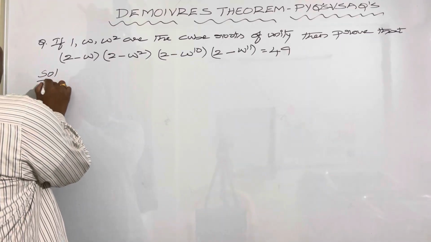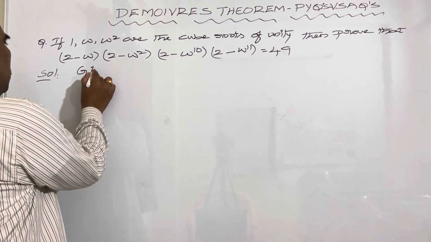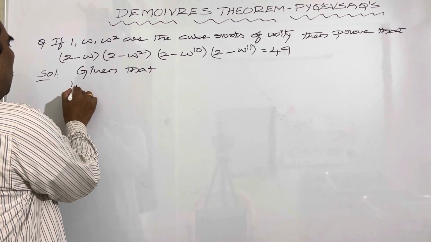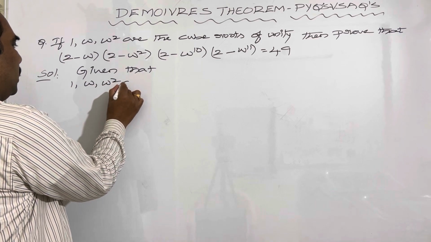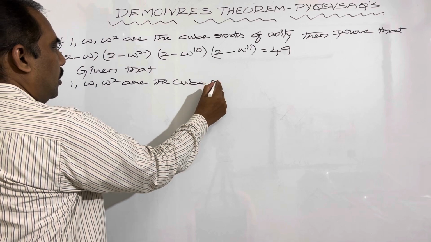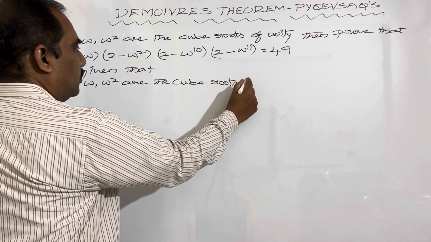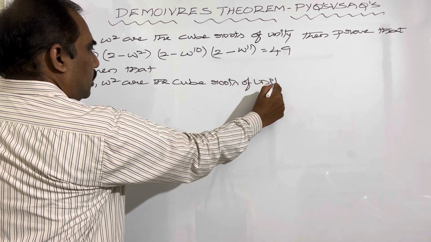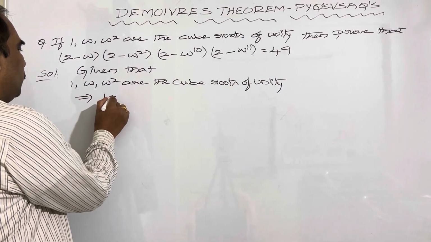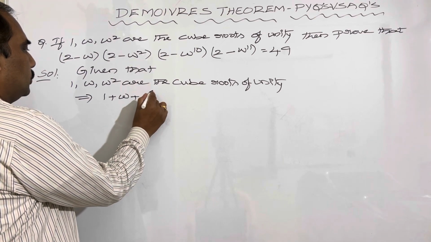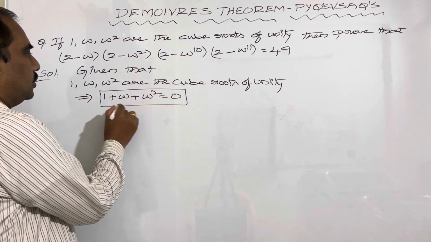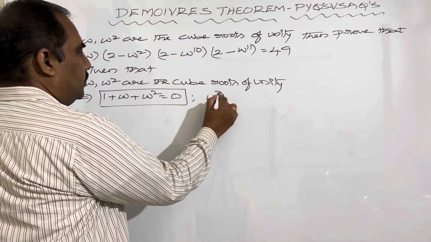See here, the solution: 1, omega, omega square are the cube roots of unity. So we know that 1 plus omega plus omega square is equal to 0, and also omega cube is equal to 1.